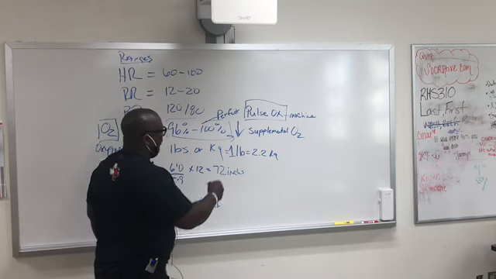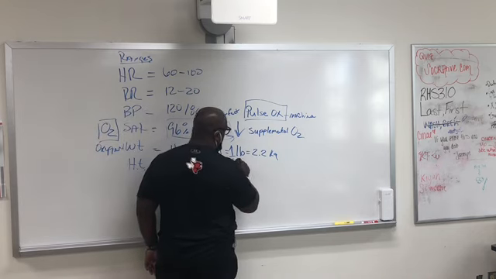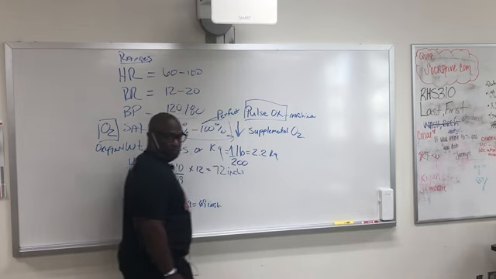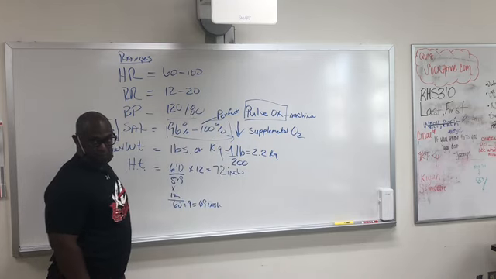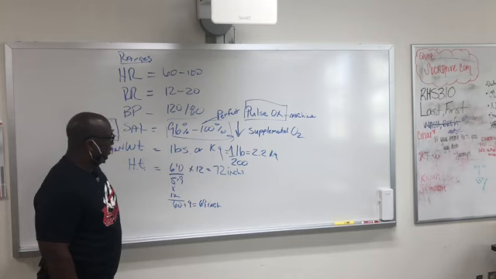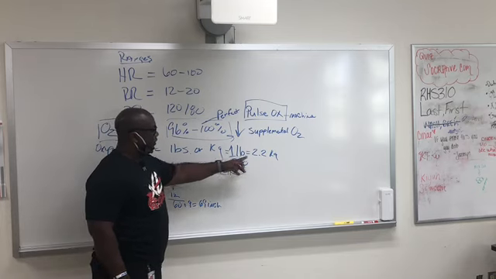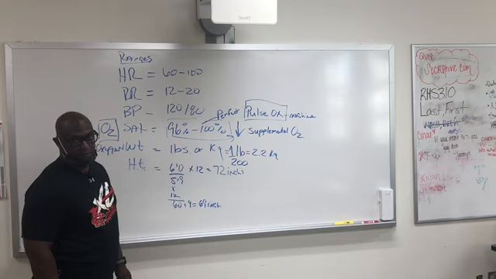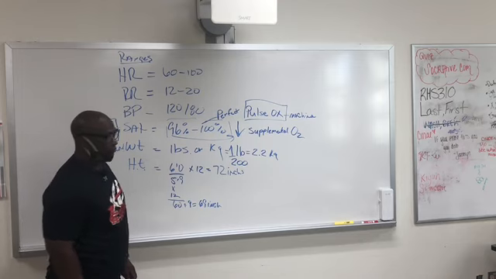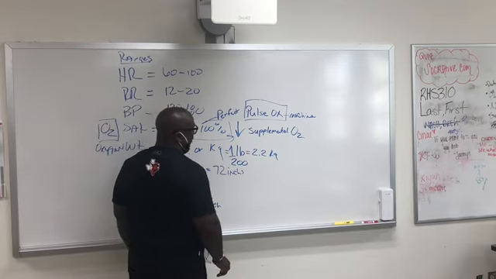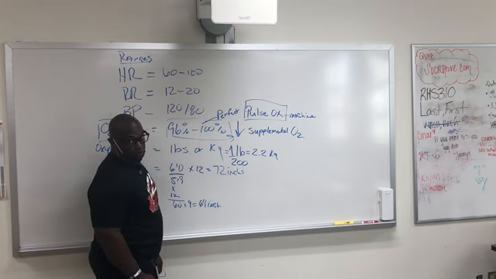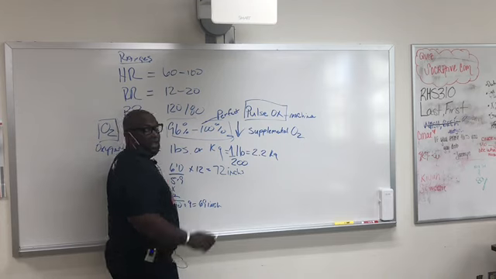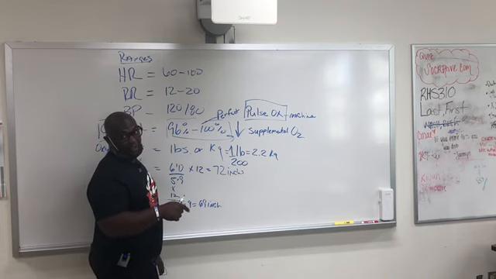So if this person weighed 200 pounds, how do I get to kilograms? One pound is 2.2 kilograms. So what am I going to do? Divide? If I was going backwards, then I would divide.